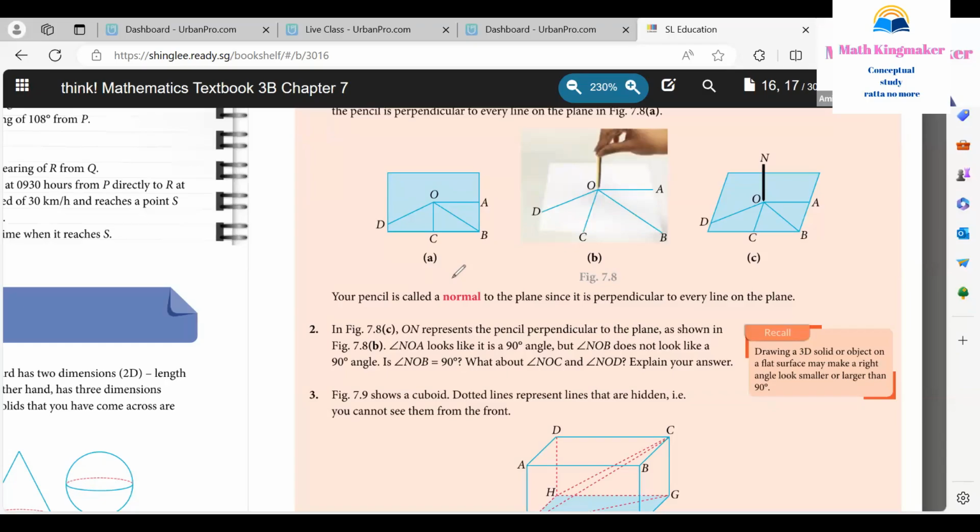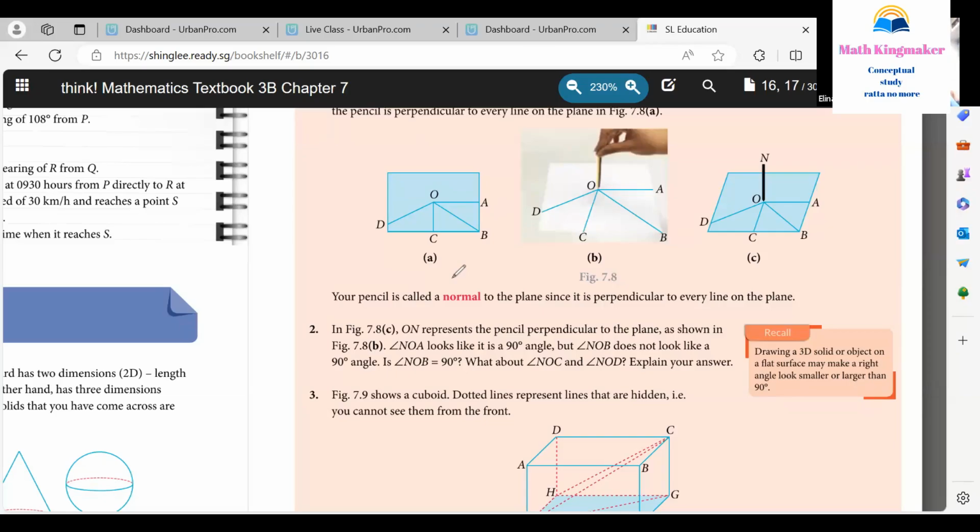By seeing that figure, you cannot say it is 90 unless you consider it a three-dimensional figure. By seeing the figure only, you cannot decide whether it is perpendicular to OB or not. But actually it is perpendicular. You have seen it earlier.